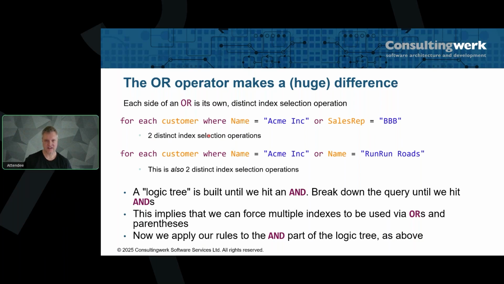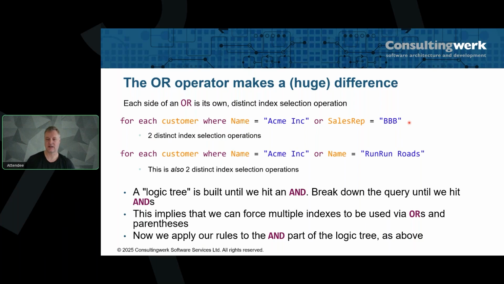We looked at this, right? Two distinct index operations. There's a selection criteria for name equals Acme. There's a separate one for sales rep equals BBB, or name is Acme, name is Run Roads. Two distinct index selection operations, and that goes down until we hit an AND.